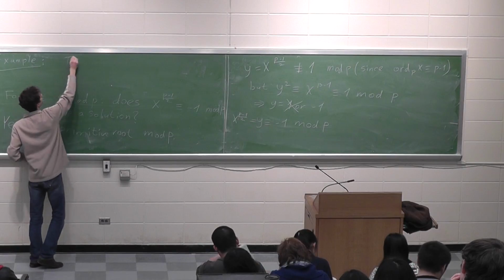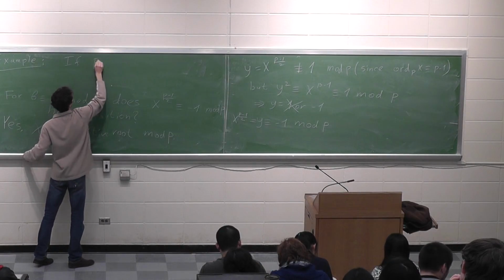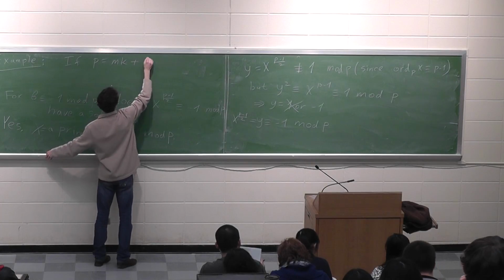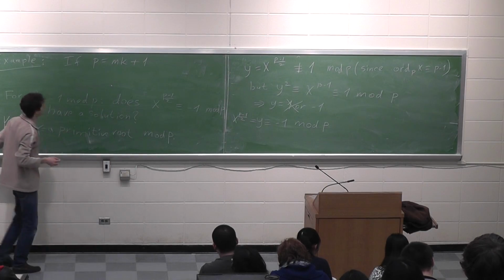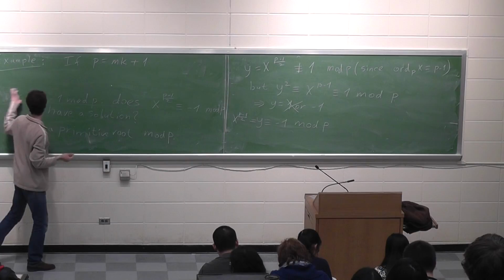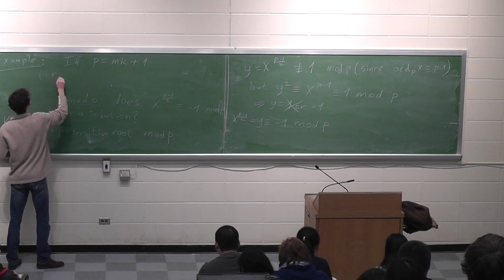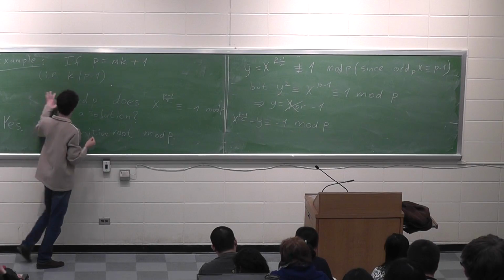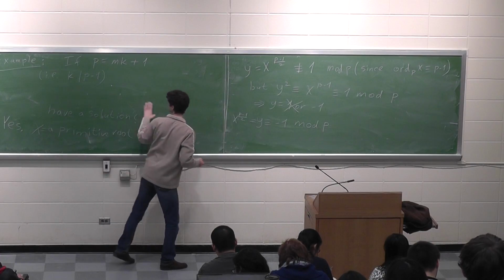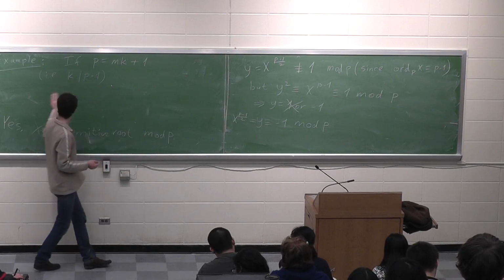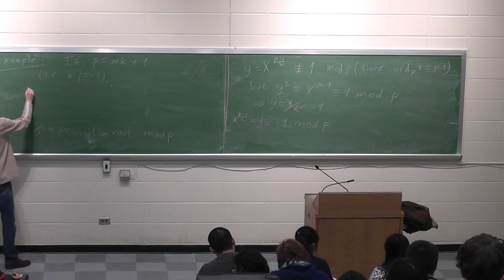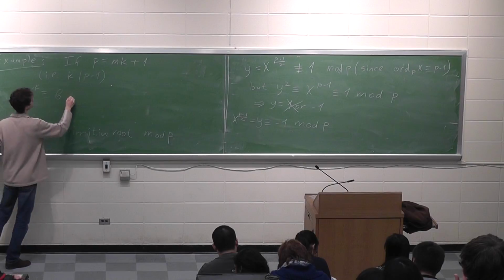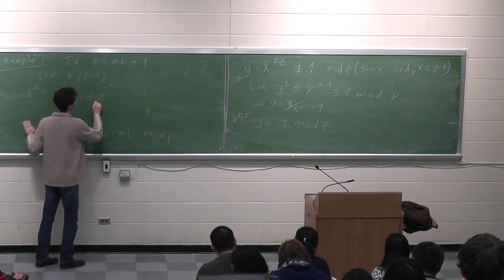If p is n times k plus 1, so k is a divisor of p minus 1, I want to understand for which numbers p this congruence has solutions.